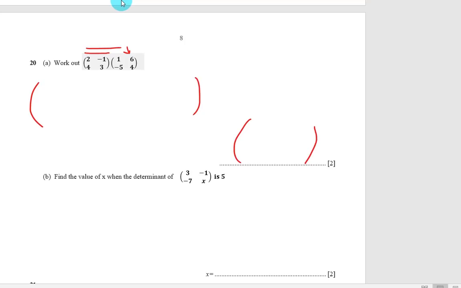Let's start to find the solution. 2 times 1 minus 5 times minus 1. 2 times 6 minus 1 times 4. 4 times 1 plus 3 times minus 5. 4 times 6 plus 3 times 4. 2 minus 5 times minus 1, so 7. 12 minus 4 is equal to 8. 4 minus 15 is minus 11. 4 multiplied by 6 is 24 plus 12 equals 36.